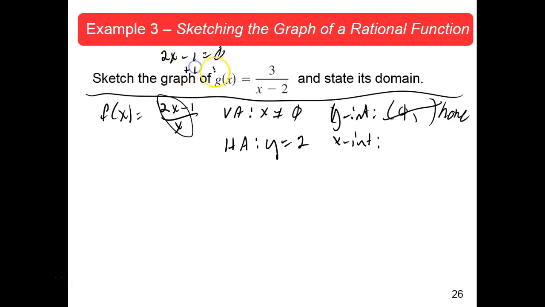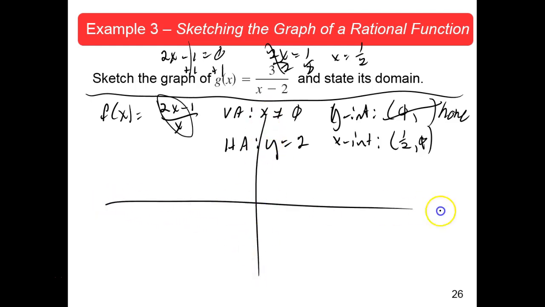Add 1 to both sides, and that gives you 2x is equal to 1. Divide by 2, so x equals 1/2. So there's your x-intercept, 1/2, 0, because you set y equal to 0. So you got all the information you can glean out of this.